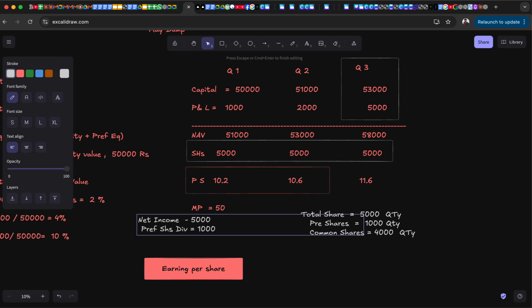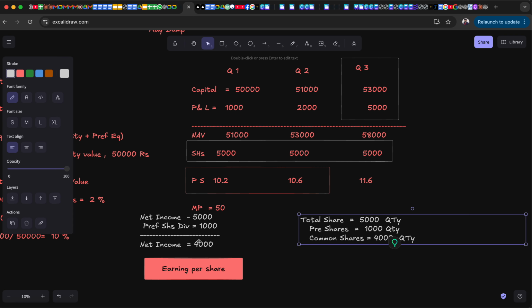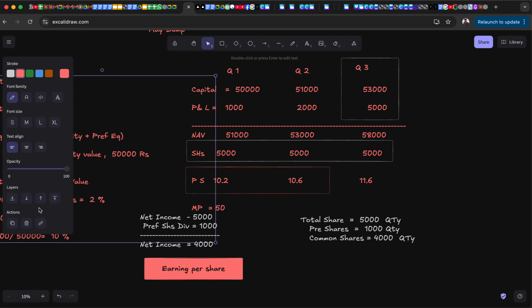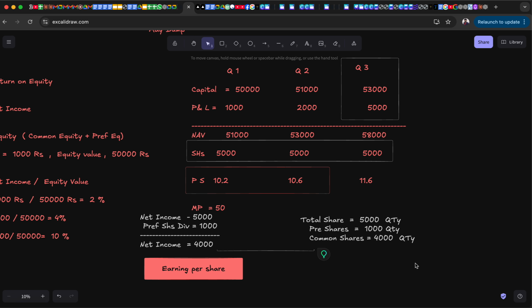So out of the net income from operations, the company needs to first deduct the dividend payment of preference shareholders, and then the remaining amount, after the deduction of preference dividend, would be 4,000. This 4,000 you basically need to distribute to the common shareholders.